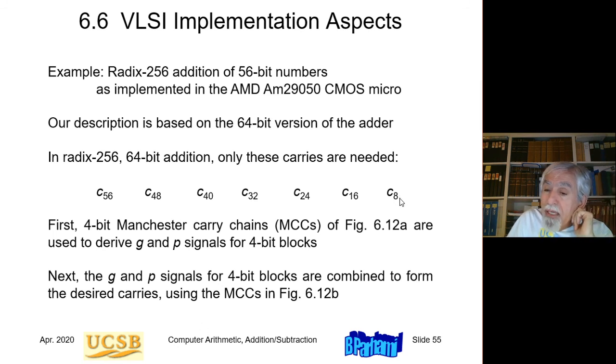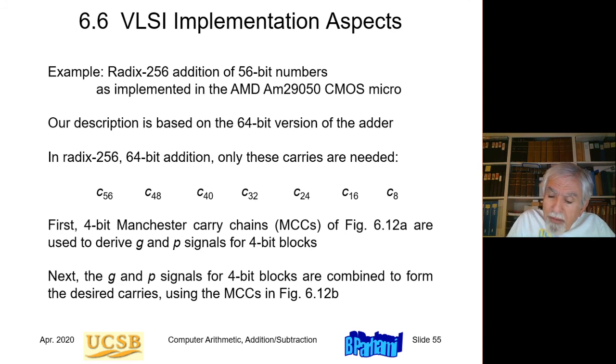Here I'm aiming to derive just these intermediate carries, C8, C16, every 8 bits. C0, of course, is known at the outset. I'm aiming to compute C8, C16, C24, every 8 bits, C32, C40, C48, C56.